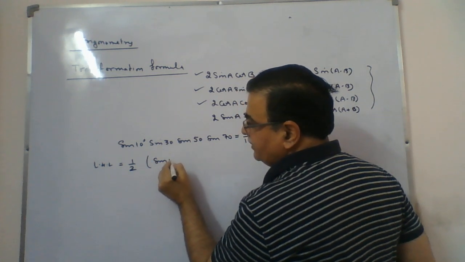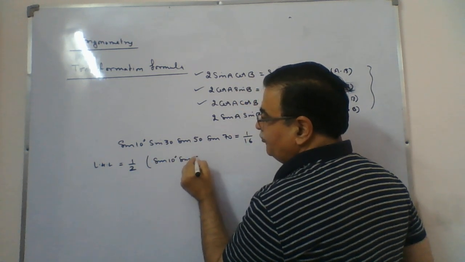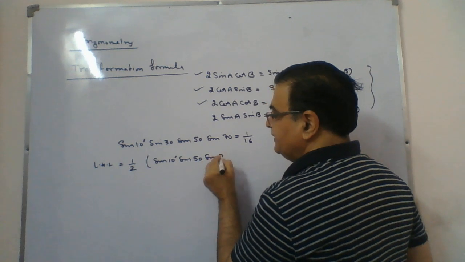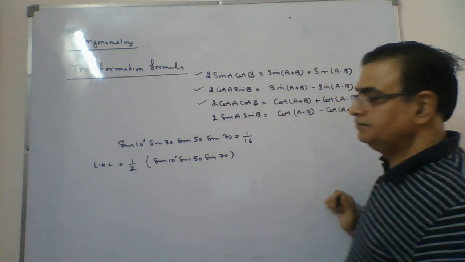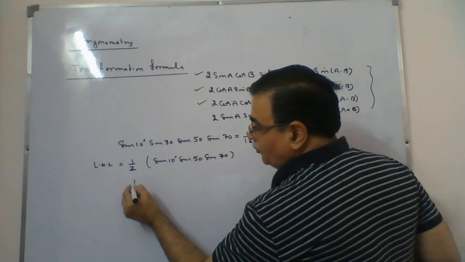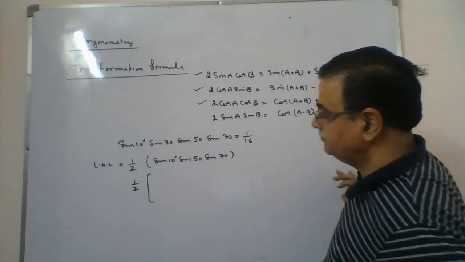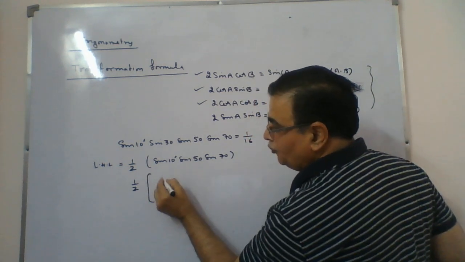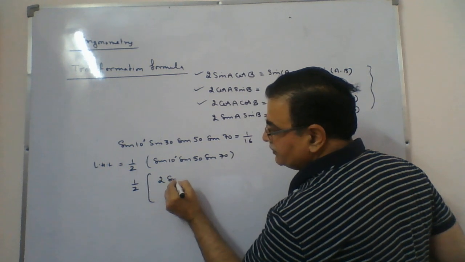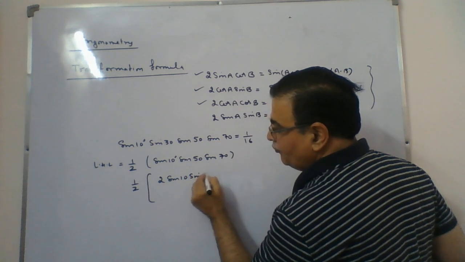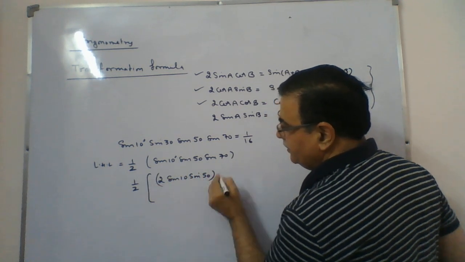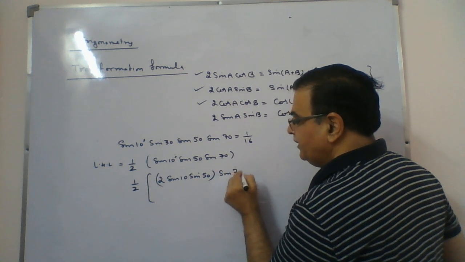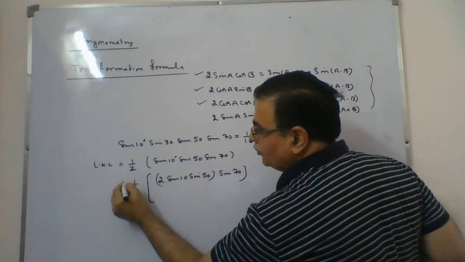Left is sine 10, sine 50, sine 70. Then it comes out to be half. Again, I told you, 2 multiply and 2 divide. So sine 10, sine 50, and then sine 70. And this is coming out to be half again.